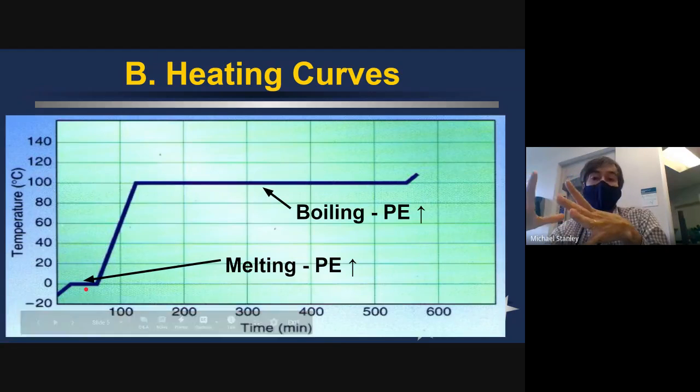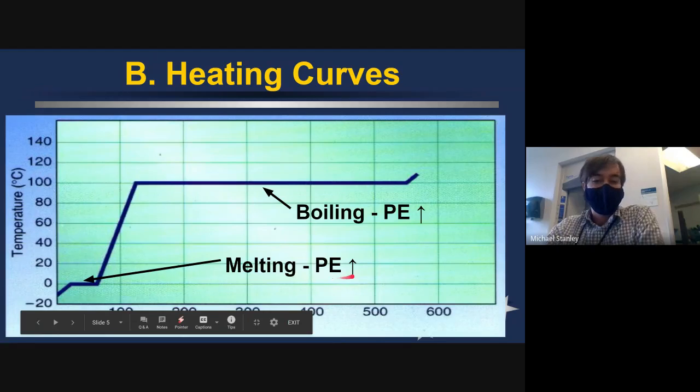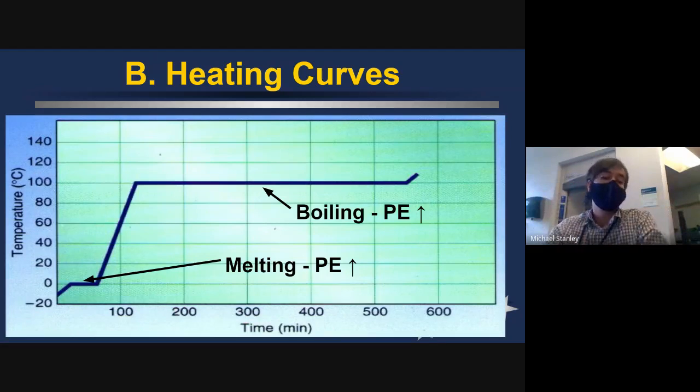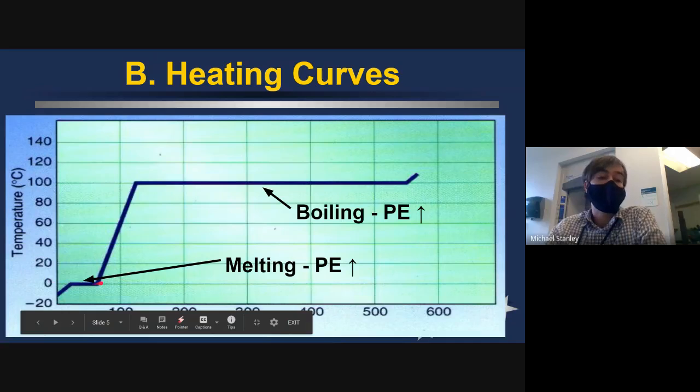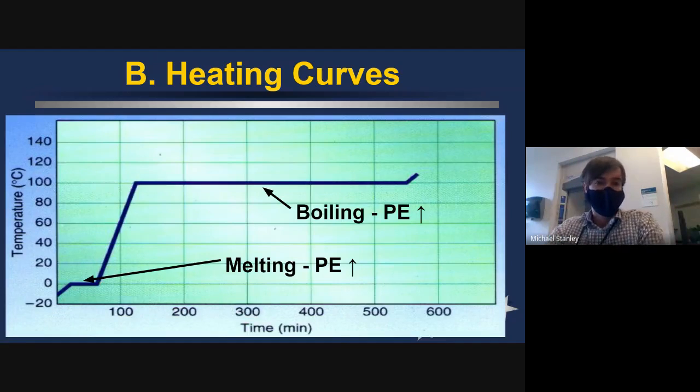Instead, we're taking all of that solid and turning it into liquid. We are melting. So our potential energy is going up because the particles are getting spaced apart. They're going from tight solid to spaced out liquid. But the temperature is not going up. It's staying the same. So this first section down here is for melting. We're going from a solid to start off with, and we end up as a liquid at the end. Remember, melting, solid, going to liquid.